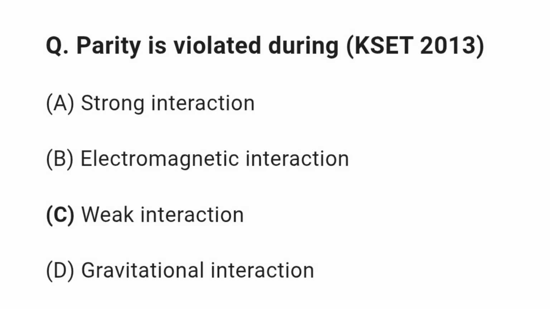Parity is violated during... So this is also a 2013 KSET PYQ. So options: strong interaction, electromagnetic interaction, weak interaction, and option D, gravitational interaction. So the right answer is option C, weak interaction.